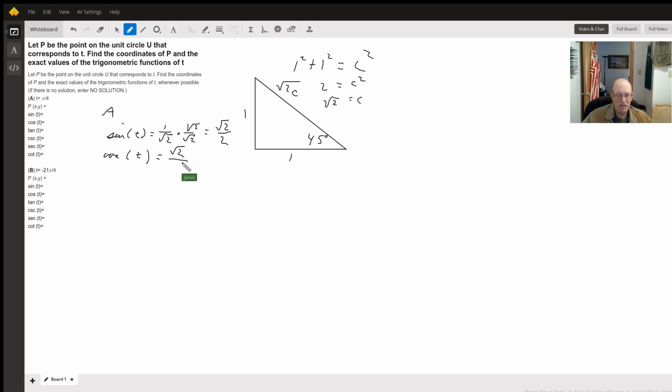So the cosine is square root of 2 over 2. Now, on the unit circle, cosine is the x value of your point, and sine is the y value of the point. So our point is square root of 2 over 2, square root of 2 over 2.